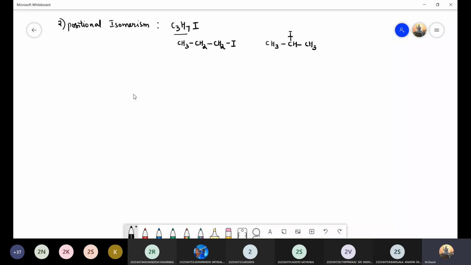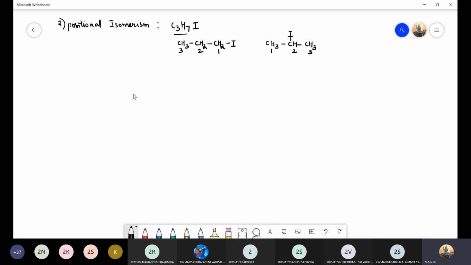What is the position of iodine in structure 1 and structure 2? Let me give the names of these compounds. How do you give the numbering? 1, 2, 3, right? Here, in the second structure also 1, 2, 3.